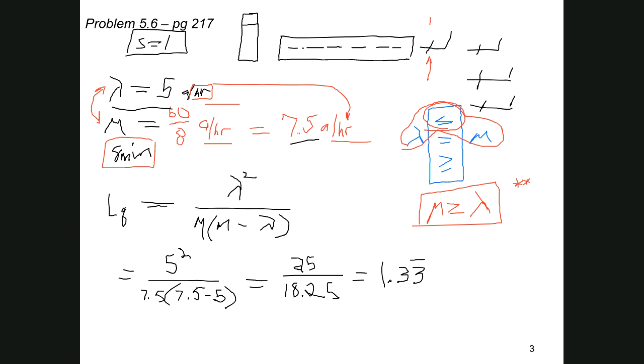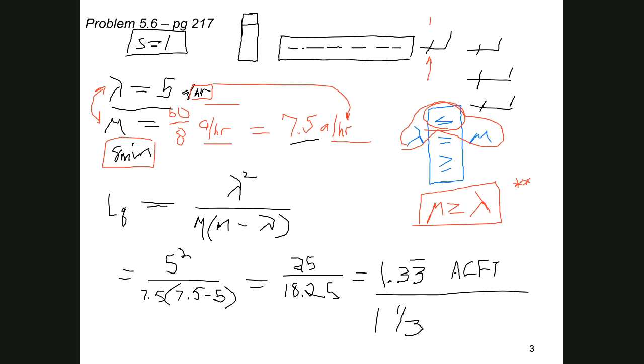And so now at this point, you want to ask yourself, well, what is 1.33 what? And it turns out that this is 1.33 aircraft, just the aircraft, just our customers. So we have on average 1 1/3 aircraft that are circling, waiting to get into the airport.